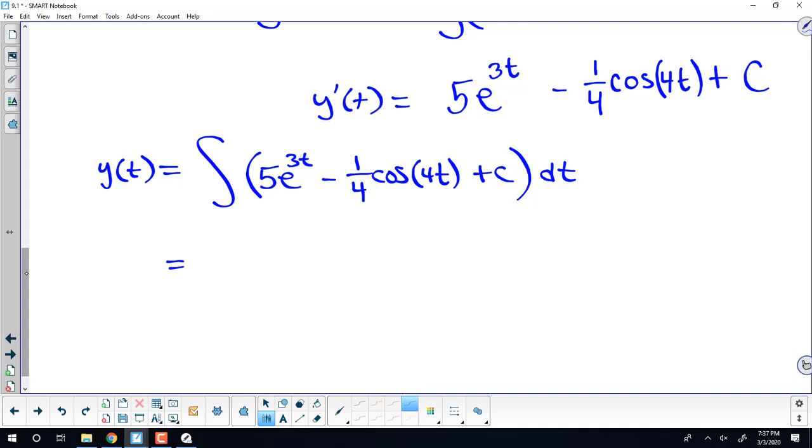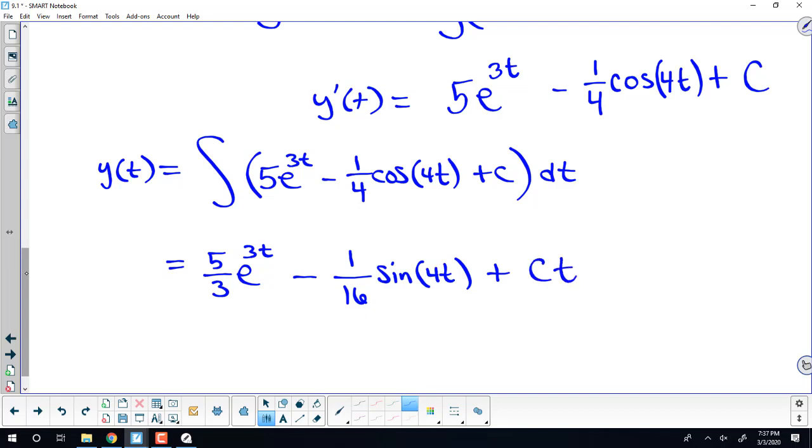Okay, antiderivative of this would be what? 5/3 e to the 3t, minus 1/8, or 1/16, sine of 4t. Good. Minus 4t, plus c1 t, plus c. Another constant of integration here we'll call c1.